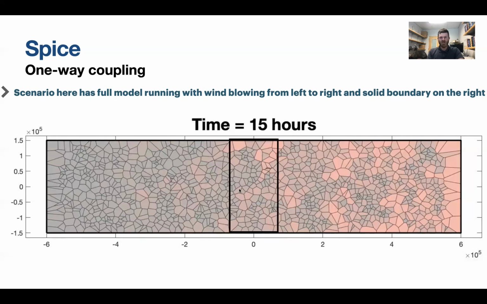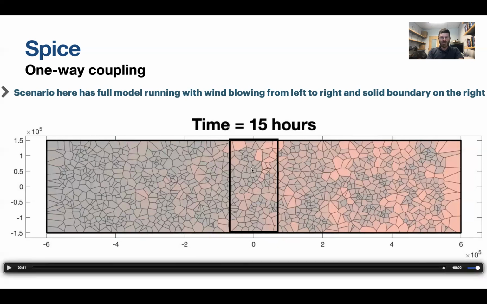And so what we're going to do is take a number of subdomains of this size. We're going to take the homogenized sea ice velocity values and use those velocities to augment the boundaries of this domain. We are then going to get the stress from this, because it is the divergence of the stress tensor that we will ultimately feed back into the large scale PDEs that we will solve in the SPICE model.